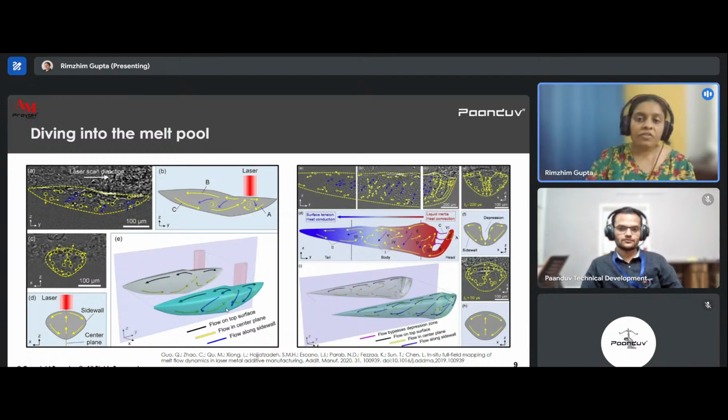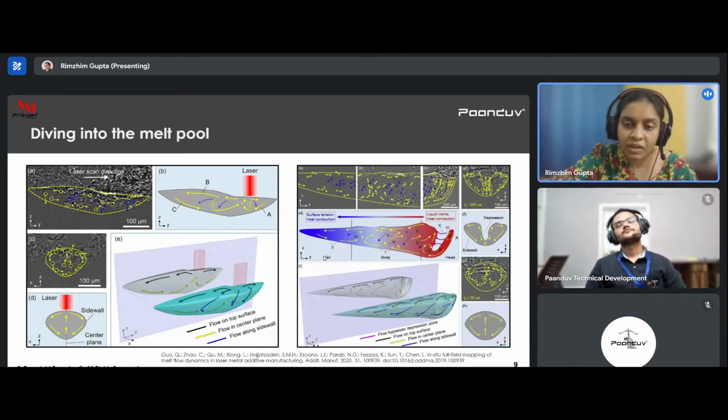Now when the laser energy increases, it creates a depression, or a deeper penetration in the melt pool, which starts the inclusion of vapor in the melt pool, which also increases the porosity in the part, which is not a very likely phenomenon for the experimentalists. We want to eliminate this process, but in this case the melt pools are quite wider, and we can compartmentalize the overall melt pool into three parts.